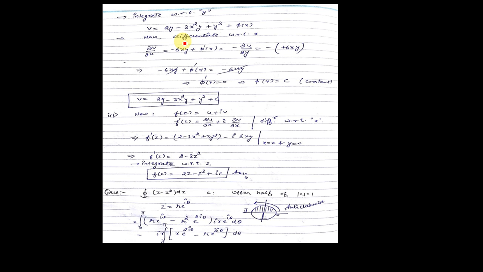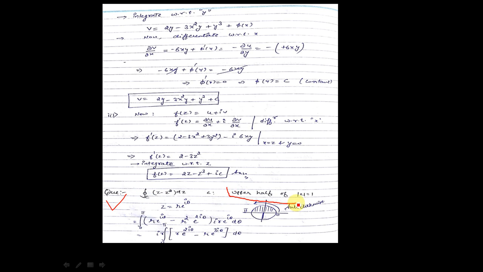This was a question related to complex integration. The question is the integral of z minus z square into dz, and we have to integrate this function over the curve C, where the C curve is the upper half of the circle. By default we measure the angle in the anti-clockwise direction.